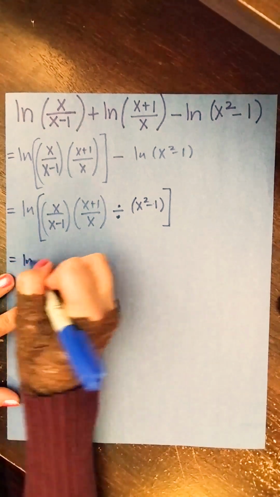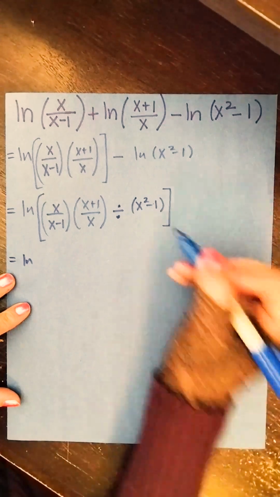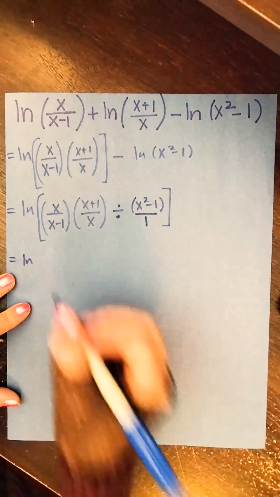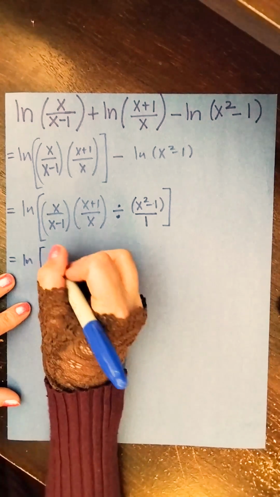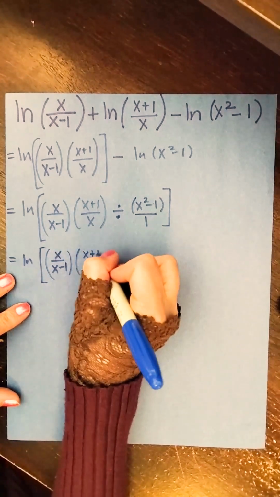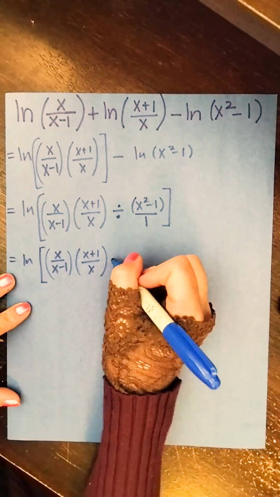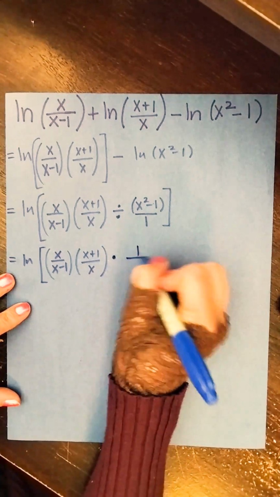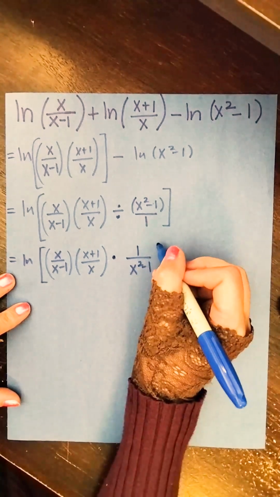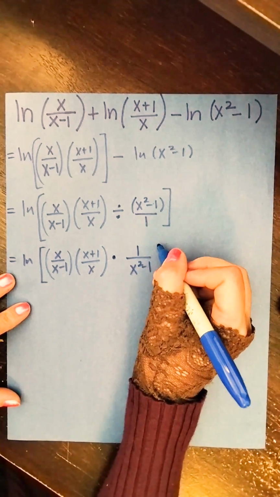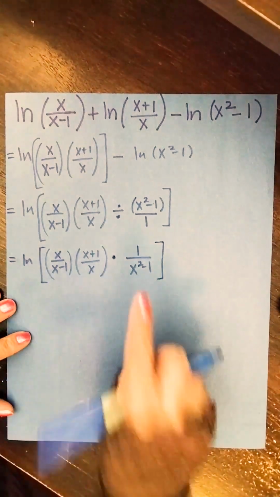And so I can clean this up in here. Now x squared minus 1 written in fraction form would be over 1. So what you do when you're dividing is you multiply by the reciprocal, right? I flip this around. And so now I have this, I'm multiplying these three rational expressions.